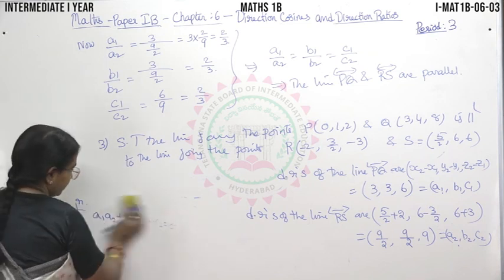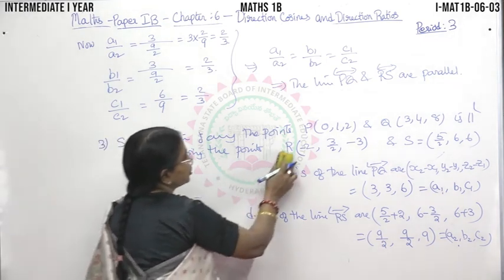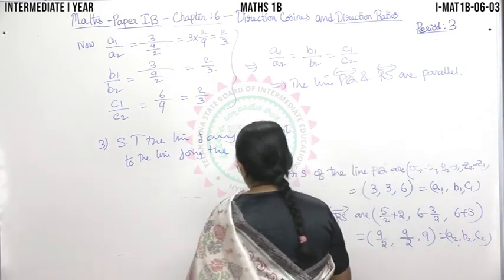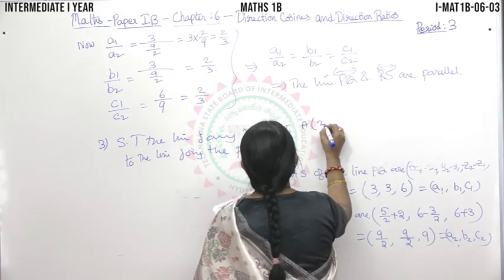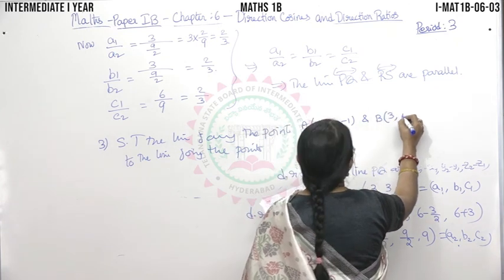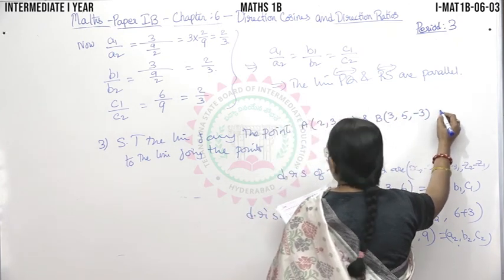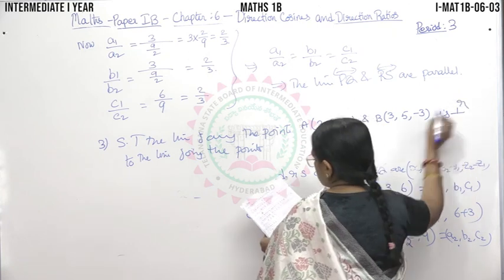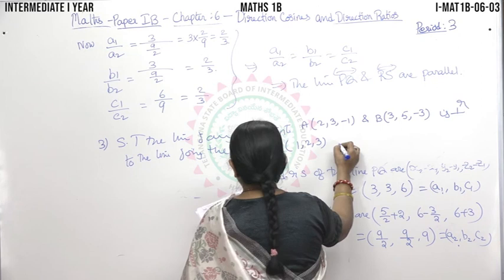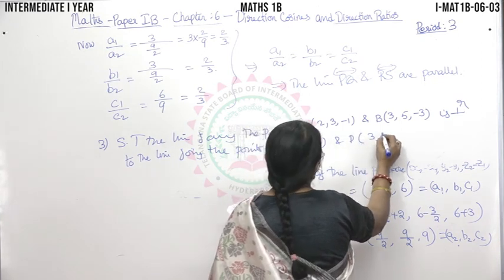Okay, I'll just give that problem. Show that the line joining the points A(2, 3, -1) and B(3, 5, -3) is perpendicular to the line joining the points C(1, 2, 3) and D(3, 5, 7).